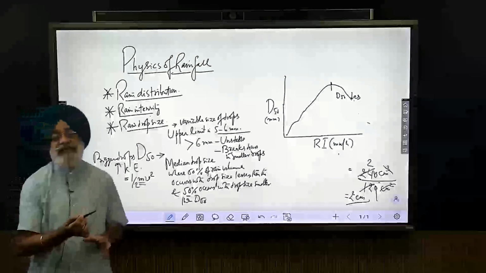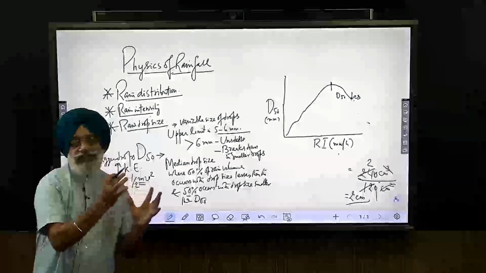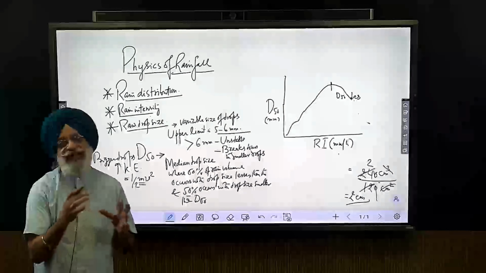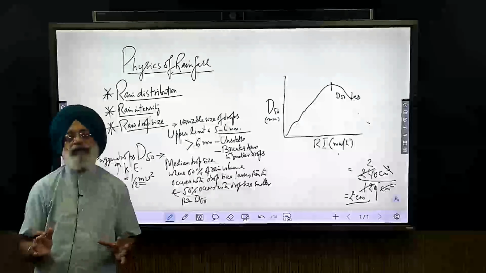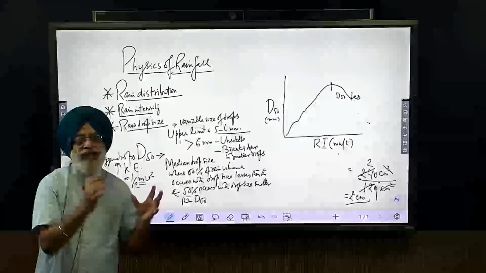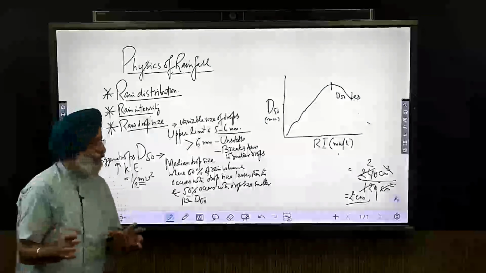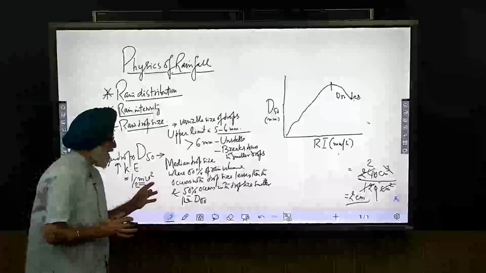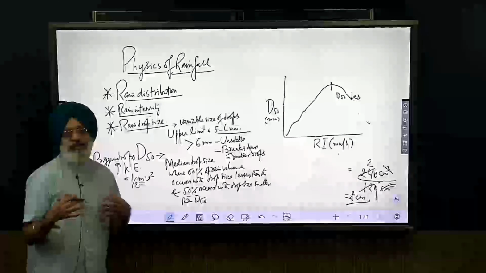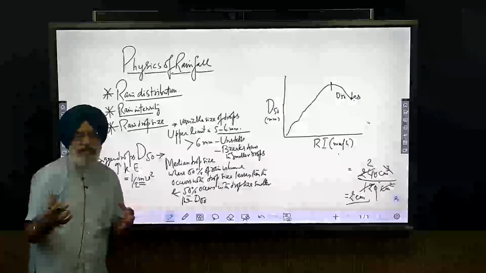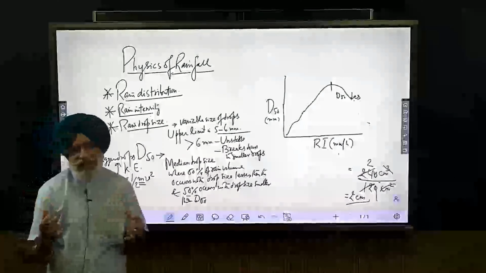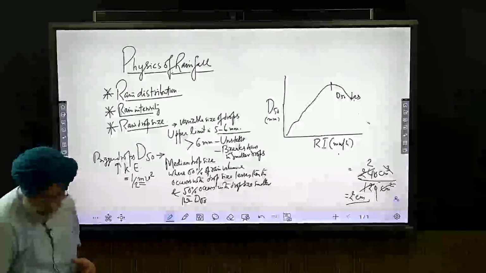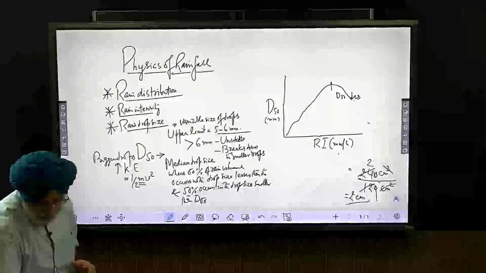For determining the kinetic energy of the falling rainfall, or to find out the erosivity of the rainfall, you have to know the D50 as well as intensity of the rainfall. Then you can have an idea how erosive the rainfall is. After this, we have raindrop size distribution.